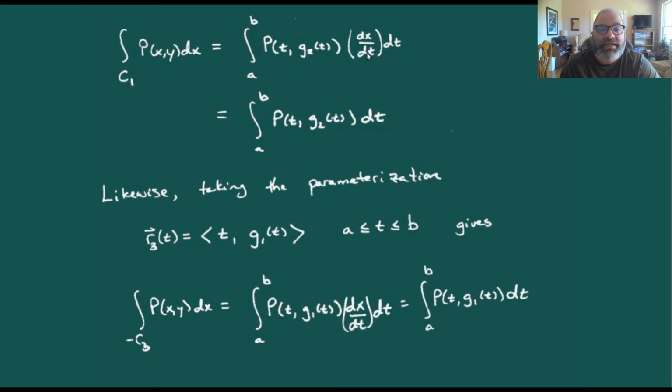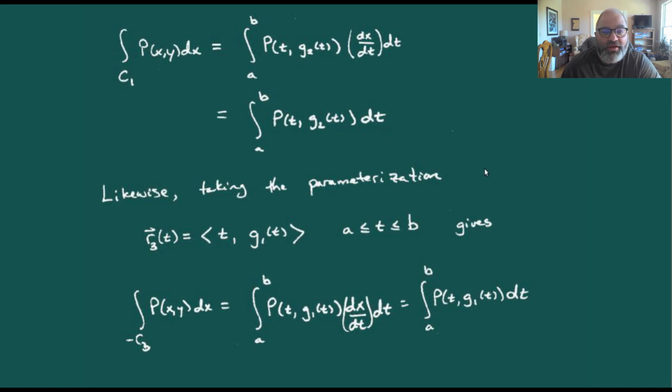Well, dx/dt for our parameterization was just 1, because x is just our plain linear function t. And so our line integral over C1 is just the integral from a to b of P(t, g2(t)) dt.